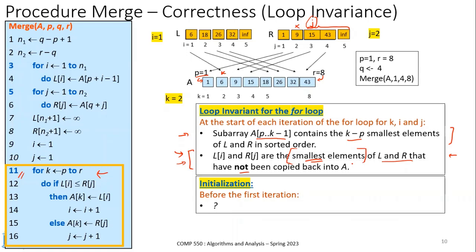Because now we have to actually prove this. Just stating the loop invariant is maybe 20 or 30% of the job. The bulk of the proof is now to be able to prove that in three stages: initialization, maintenance, and termination.